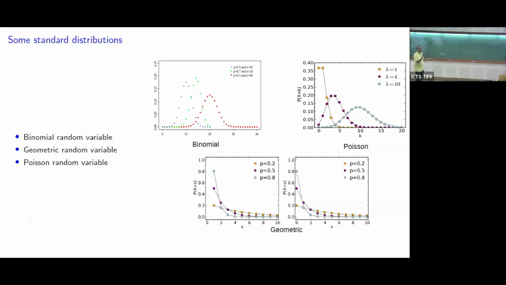That fraction you assign as the probability mass or the probability value to that particular value of the random variable. So this is the PMF, the probability mass function, and these are the values that the random variable takes.